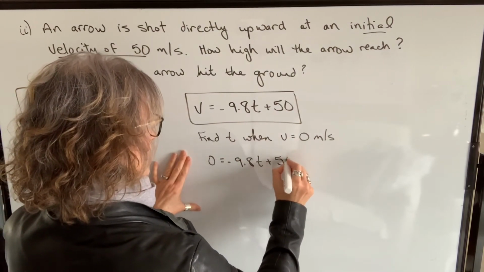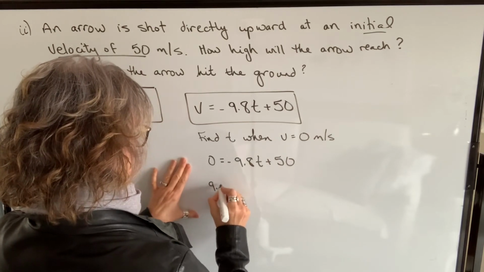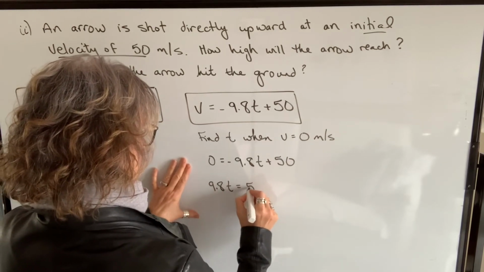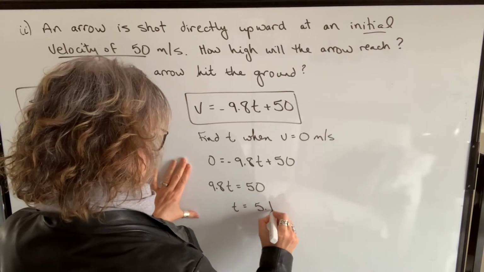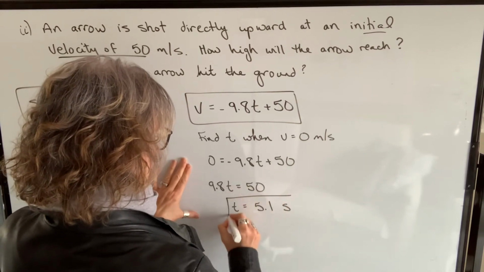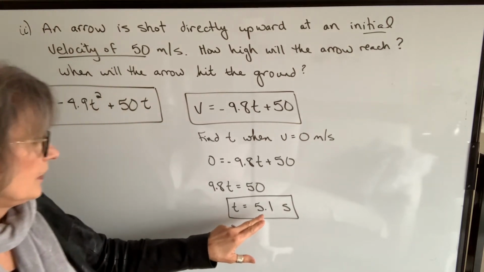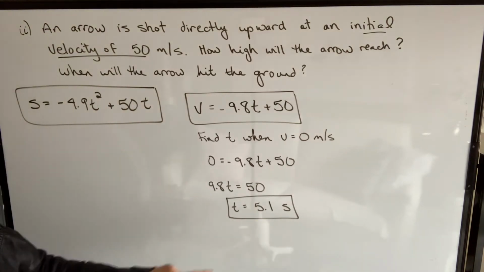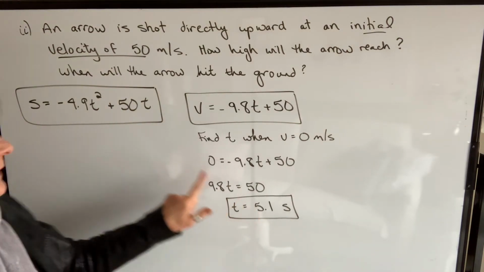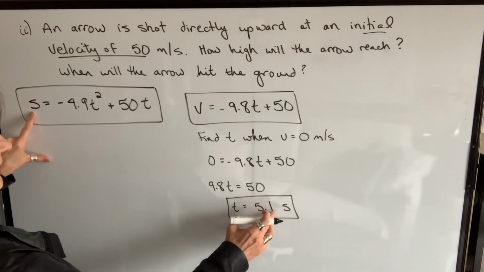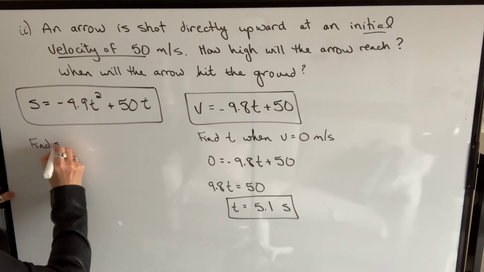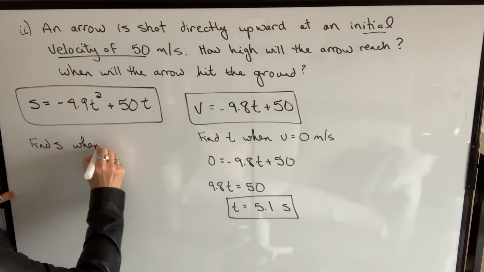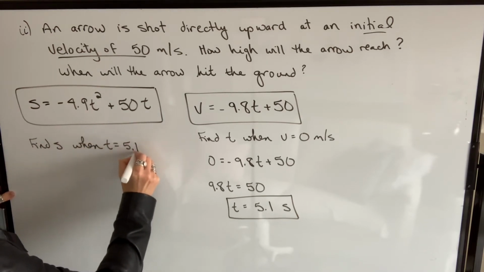We solve for t. And we get a value of 5.1 seconds. Therefore, I'm going to find s when t is 5.1 seconds.